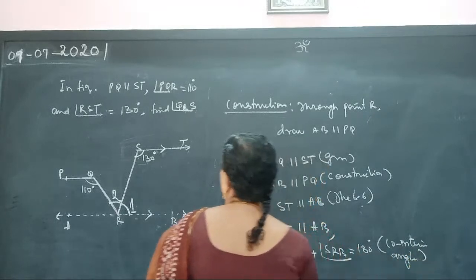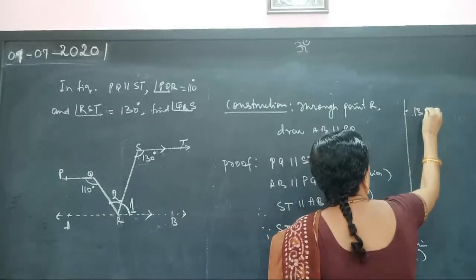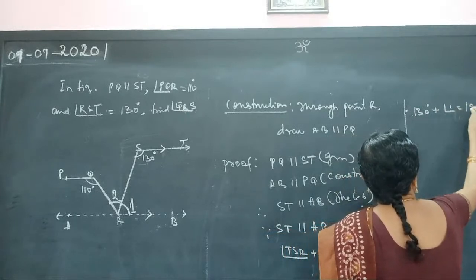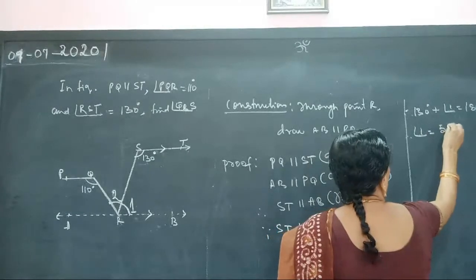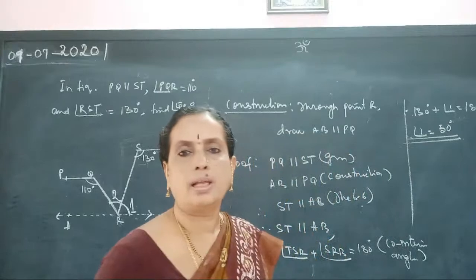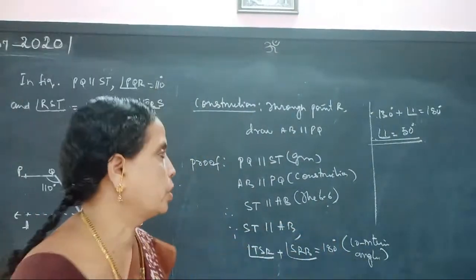That is TSR is 130 degree and we have considered this as angle 1, so 130 plus angle 1 equals 180 degree. Therefore, angle 1 equals 50 degree. Underline this stage of the answer using scale and pencil.